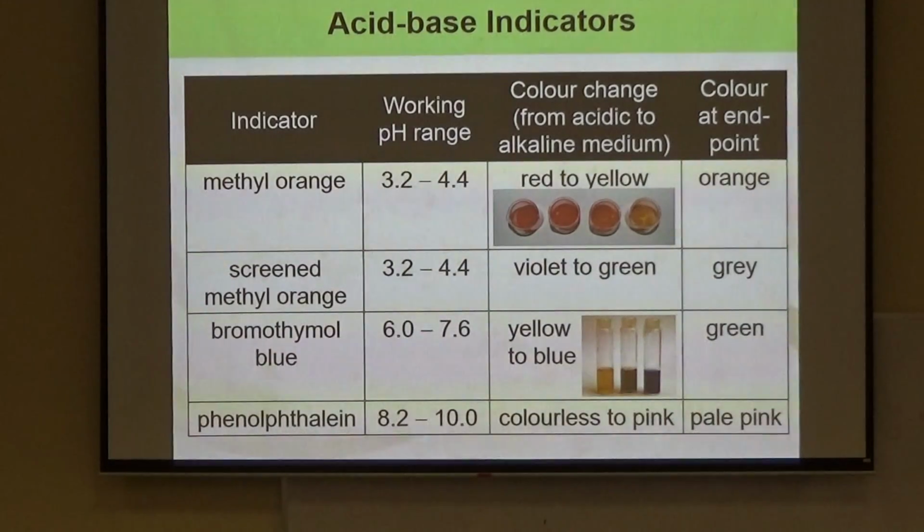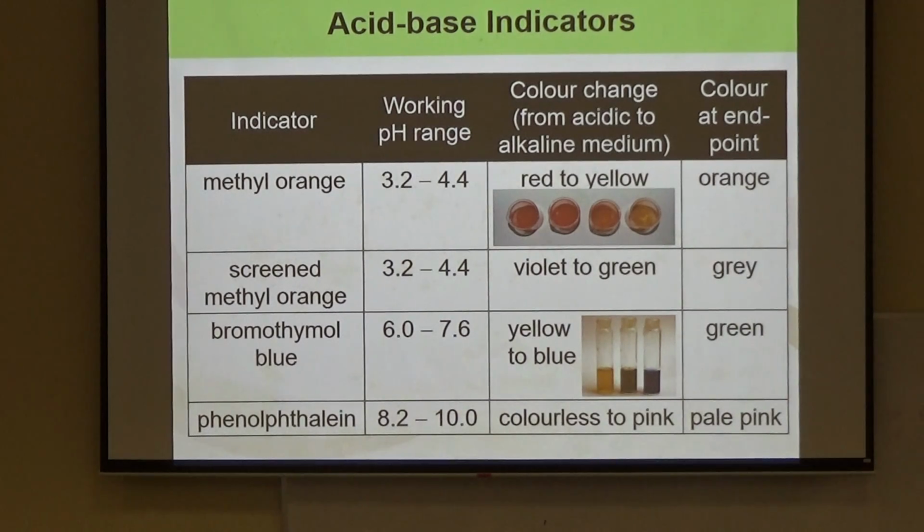Okay, so we are looking now at all the different indicators that you have used. Bromothymol blue, probably not. Phenolphthalein, also not. What you use now is thymolphthalein, which is similar to phenolphthalein, but the color is actually colorless to pale blue.